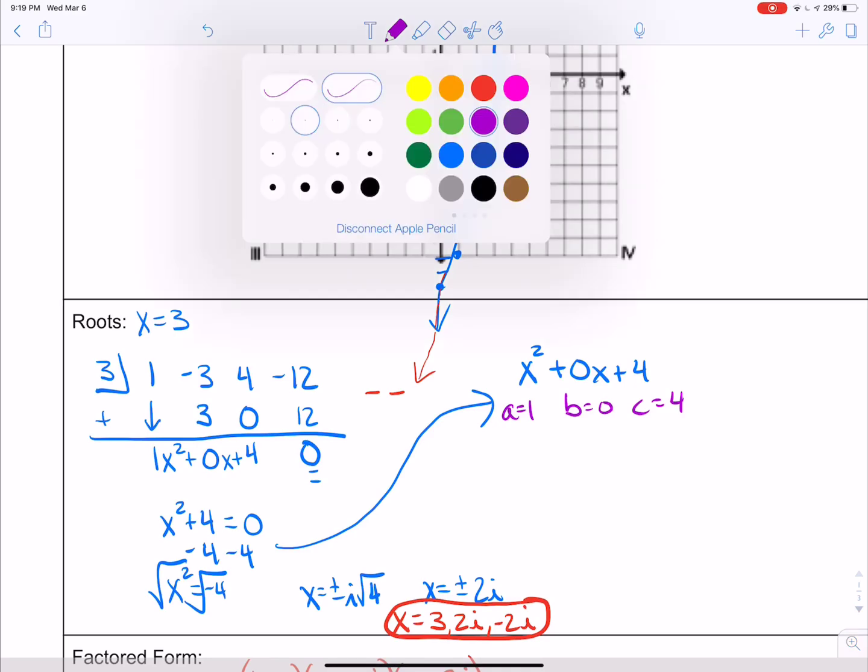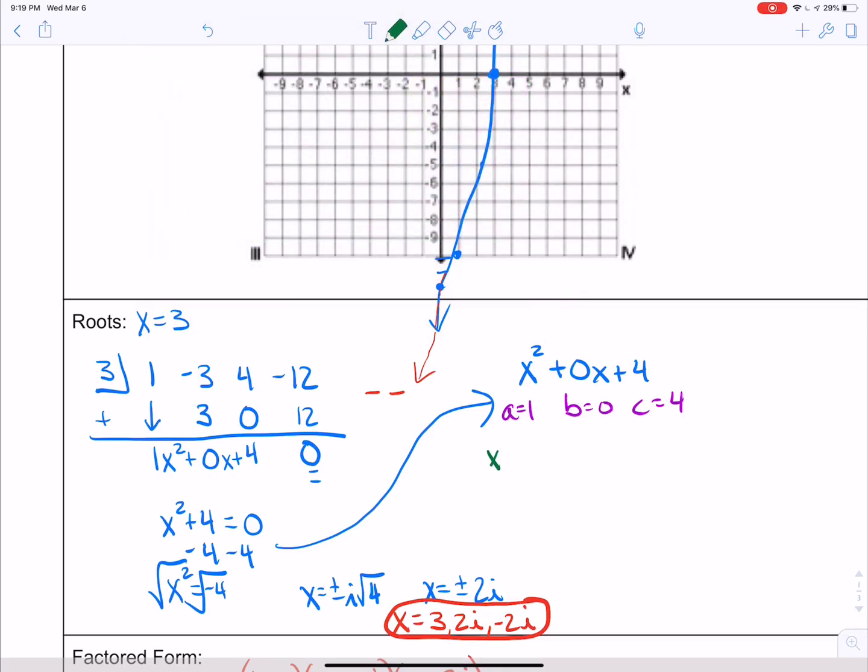You need to know the formula. You're not going to be given the formula, because you won't be given it on your final exam. So x equals negative b plus or minus the square root of b squared minus 4ac, all divided by 2a. Let's fill it in: negative b is just 0 in this case, plus or minus the square root of 0 squared minus 4 times 1 times 4, because those are our a and c values, divided by 2a, which is 2.